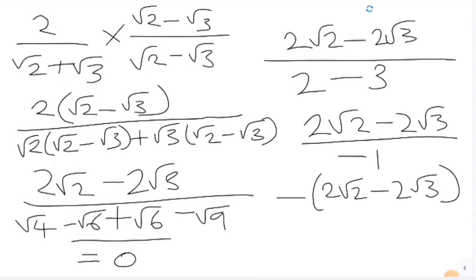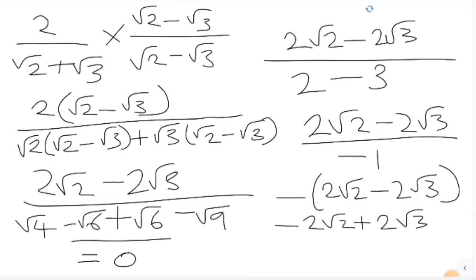Or you could also open this bracket, and you would have minus 2 root 2 plus 2 root 3. How did I come about this? Minus times 2 root 2, you get minus 2 root 2. Minus times minus, you get plus 2 root 3.